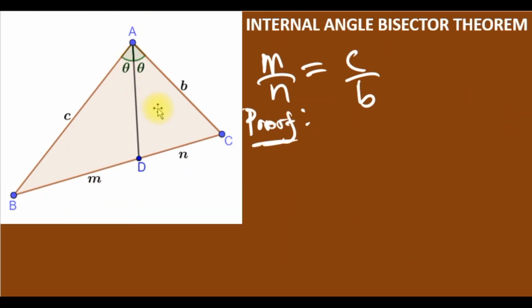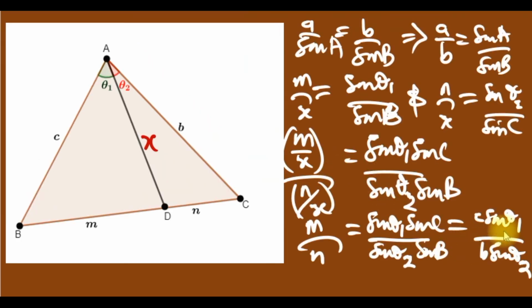Coming here, we see that theta 1 and theta 2 are now equal. If you compare this with the angle bisector theorem, we see that theta 1 and theta 2 are the same.